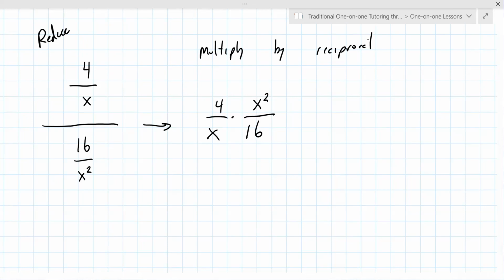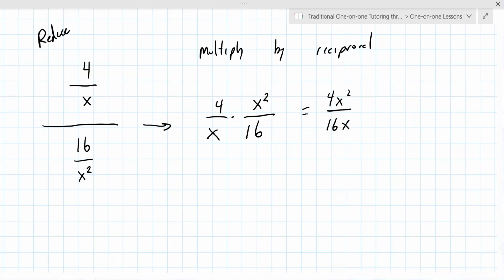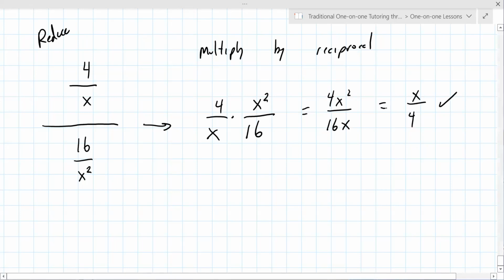And then 4x squared over 16x. Yes, but there's more to do. You can't leave it like this and expect full credit. You have to be able to reduce this. X over 4. Yes. Good.